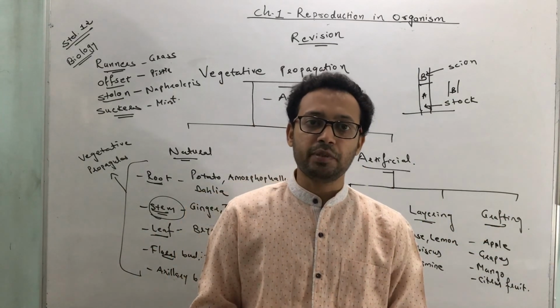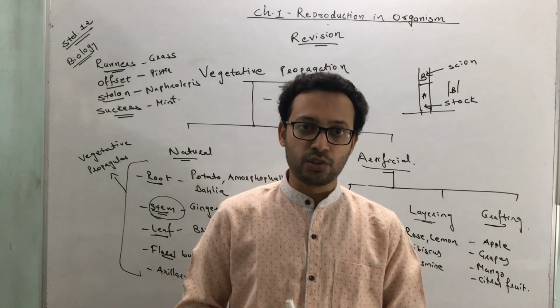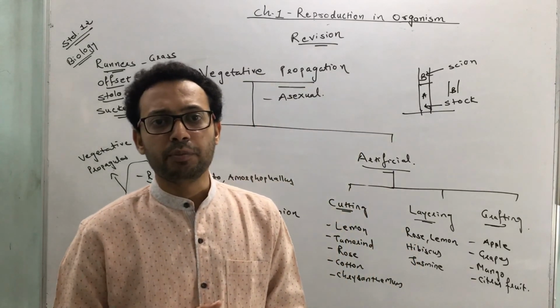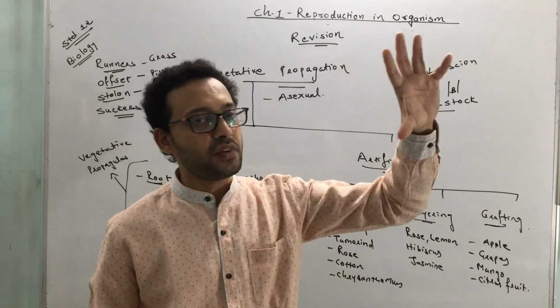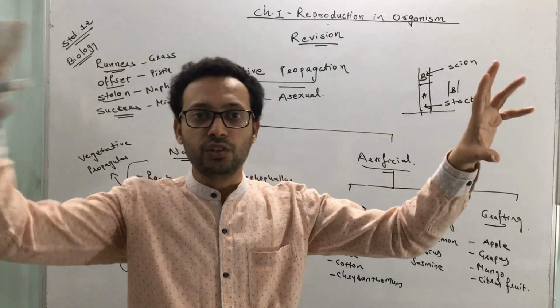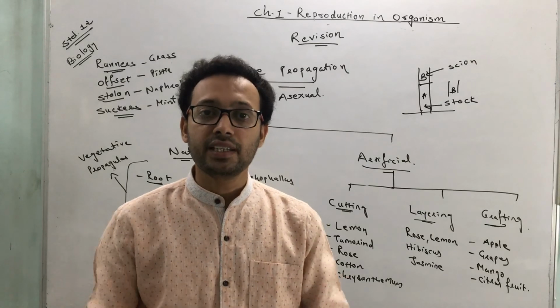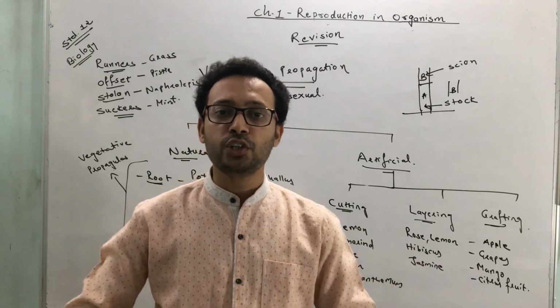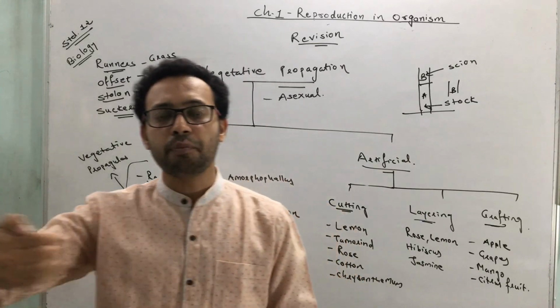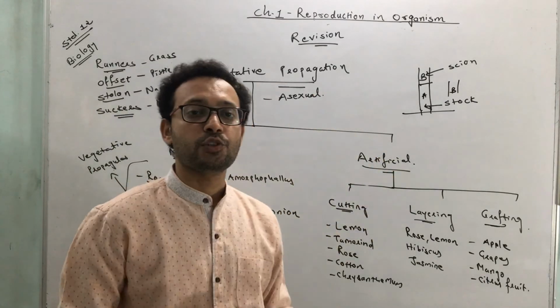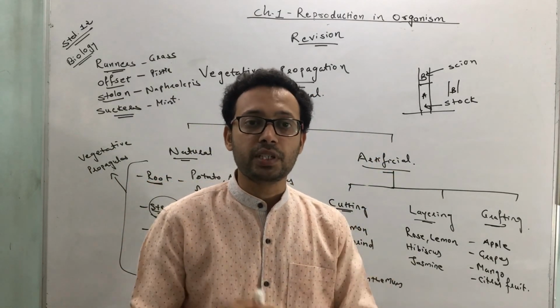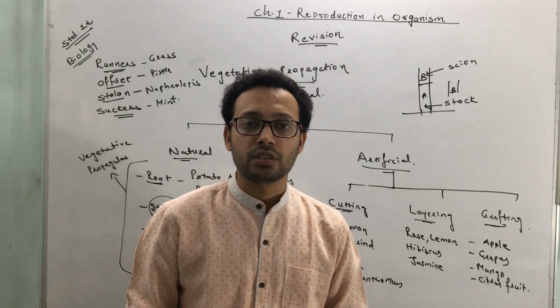But in asexual reproduction, exactly similar looking copies are produced. So there is no chance of mixing of characters. That means if you have a very good variety of mango, then only a very good variety of mango is produced. So when you want to preserve characters over a long period of time, the method adopted is vegetative propagation. That is the importance of vegetative propagation.